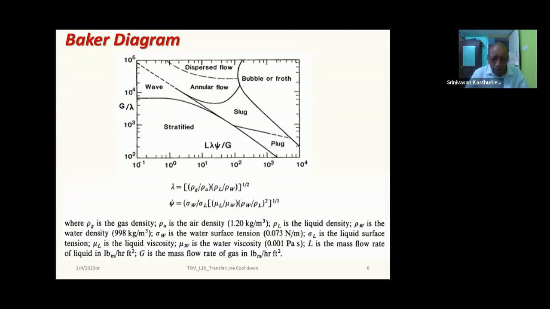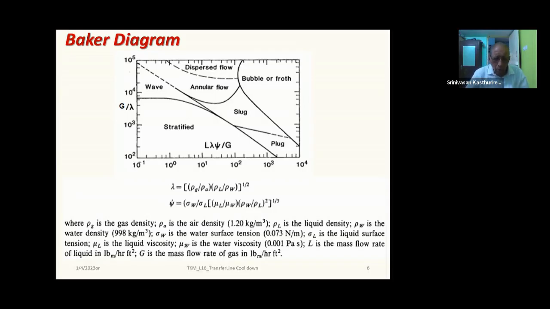Psi is sigma W divided by sigma L, multiplied by mu L by mu W into rho W by rho L squared, the whole to the power 1/3. So this is the value of psi.